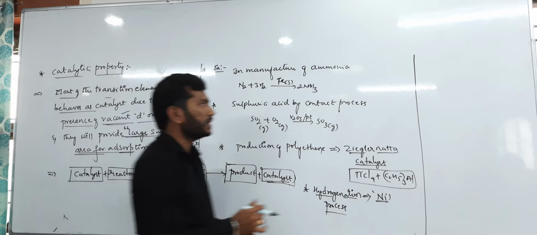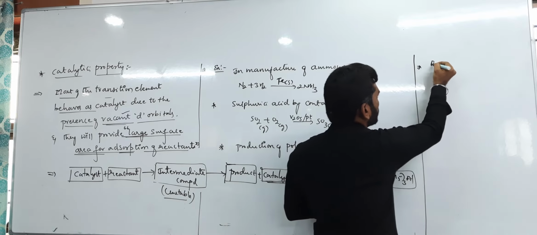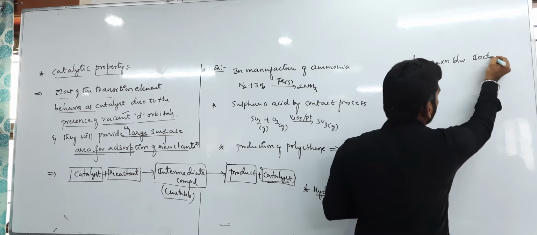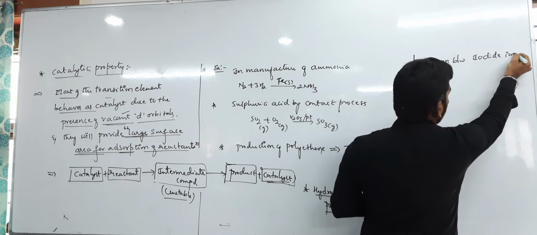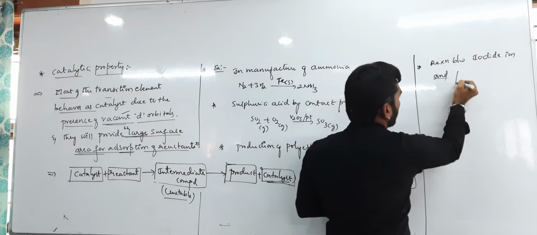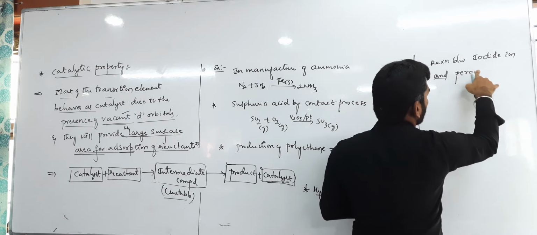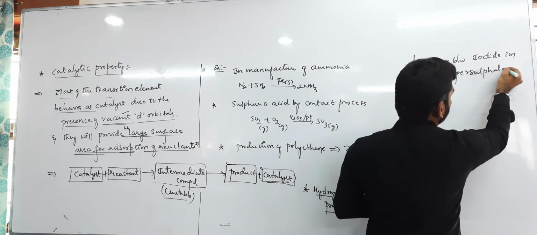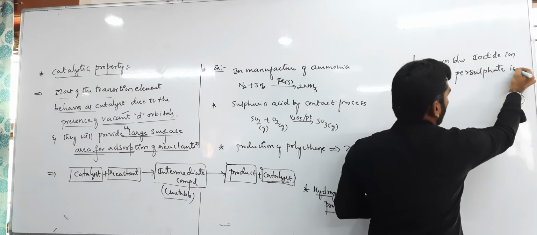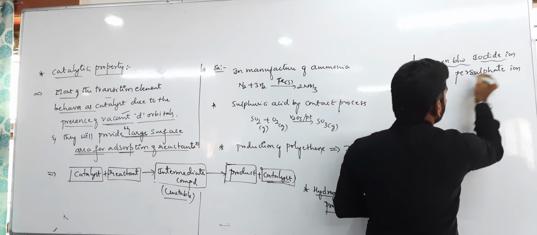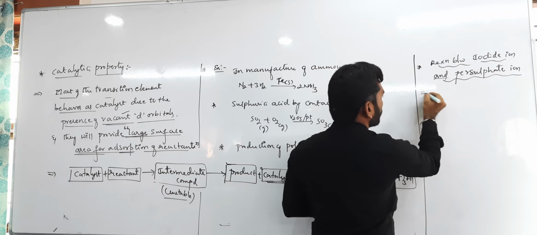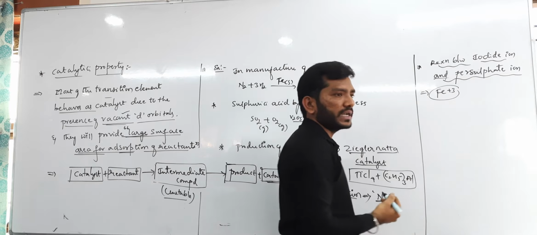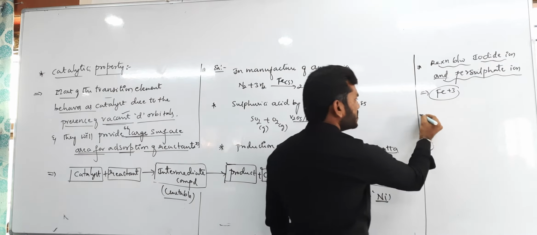We have the reaction between iodide ion and peroxydisulfate, or persulfate ion. This particular reaction is catalyzed by Fe+3 ion.